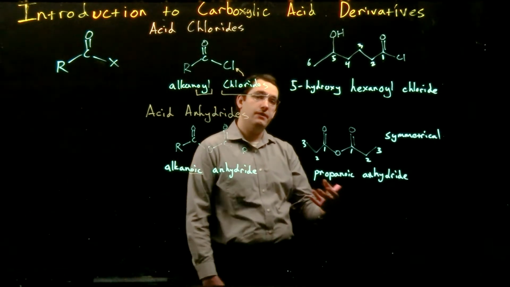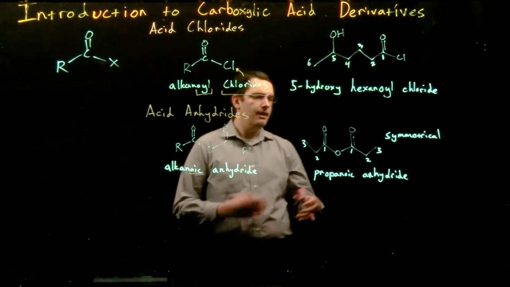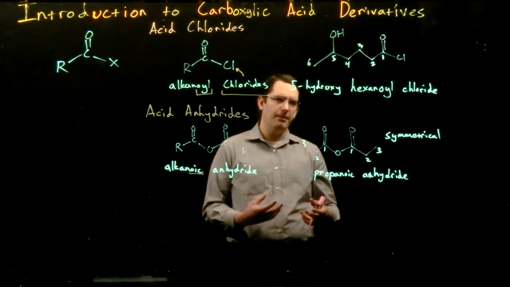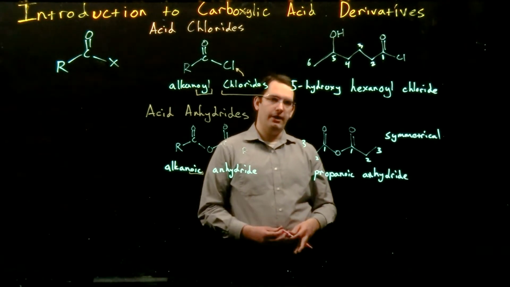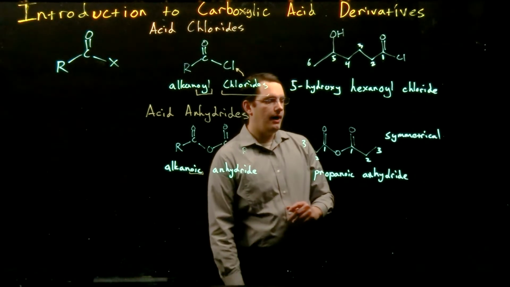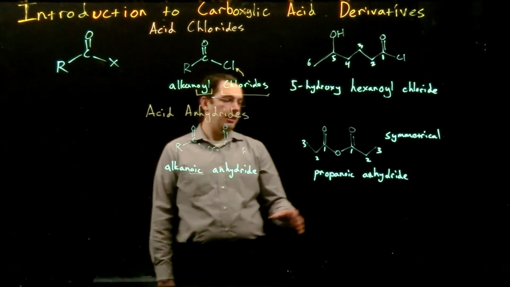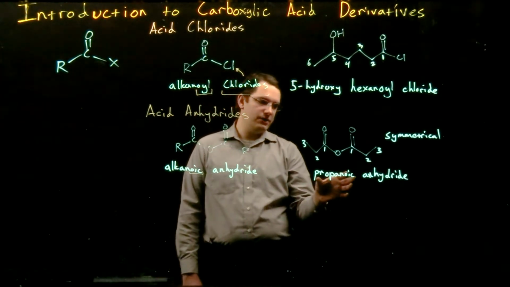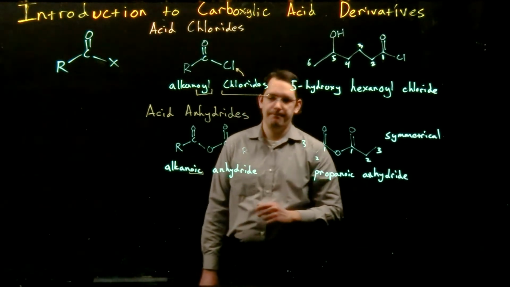So kind of similar to asymmetrical ethers, right, where that asymmetry kind of leads to some problems in terms of our selectivity as we're undergoing our reactions. So symmetrical acid anhydrides would be much more common, but of course our asymmetrical can be named just by adding an additional alkanoic name there to indicate that other carbon chain.